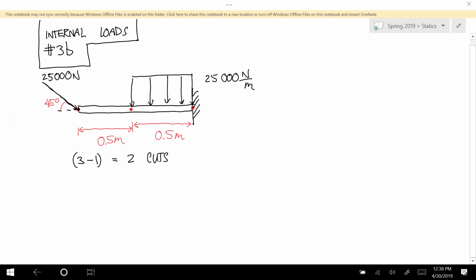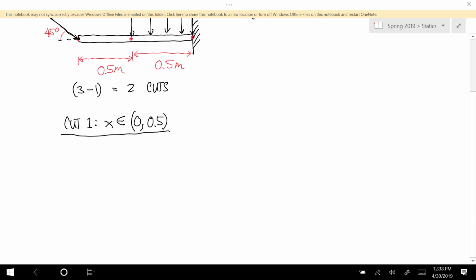Okay, so the first cut is for x values between 0 and 0.5. All right, this is a force vector. I can't remember what that number is, but 45 degrees, so we have a positive.